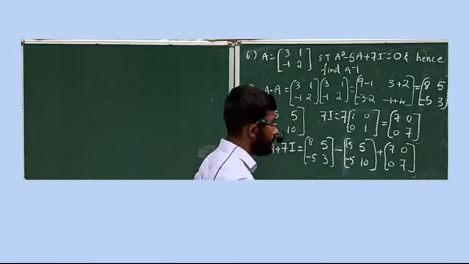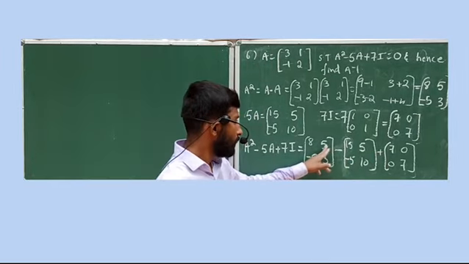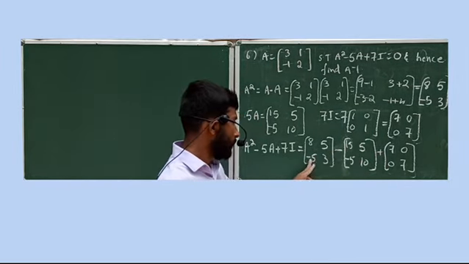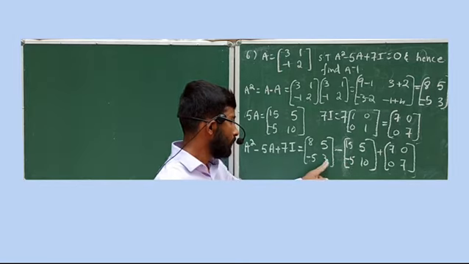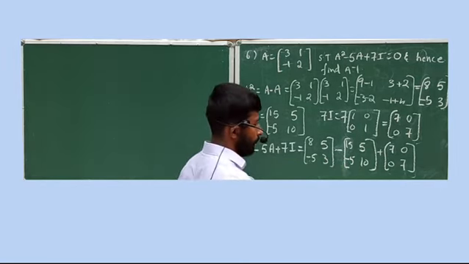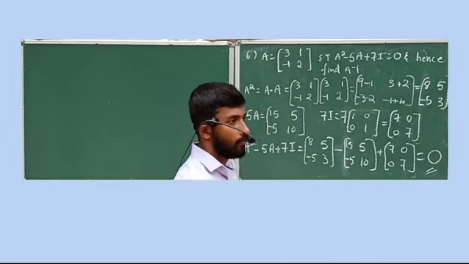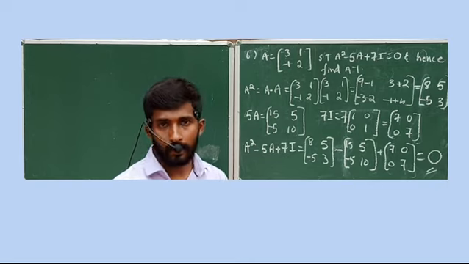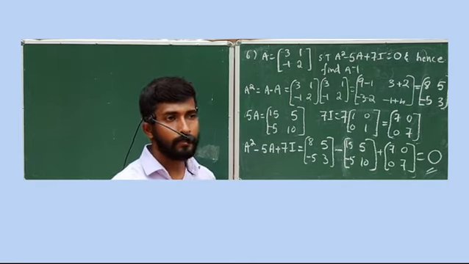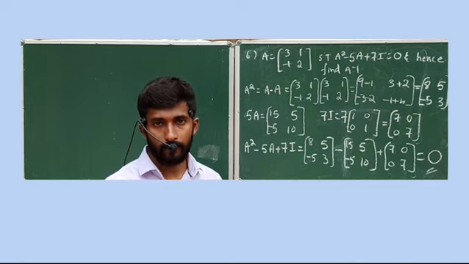Now simplify. 8 plus 7 is 15, minus 15 is 0, 5 minus 5 is 0, minus 5 plus 5 is 0, 3 minus 10 plus 7 is 0. Okay, all values are equal to 0. Therefore the right hand side equals 0. Again see, it's not the real number 0, 0 means the zero matrix of order 2. So the right hand side is verified.